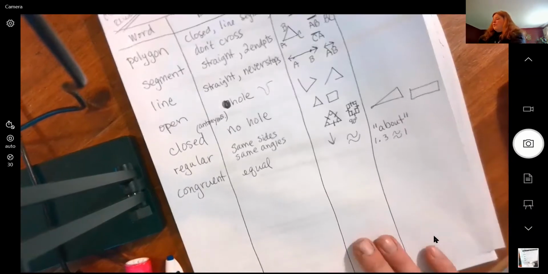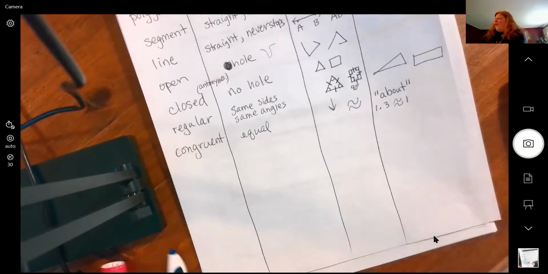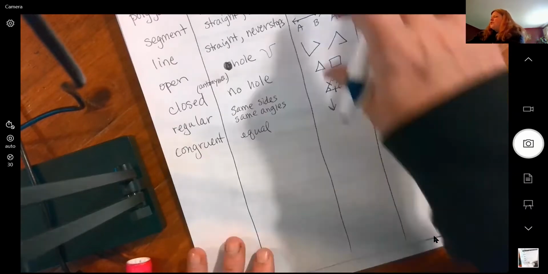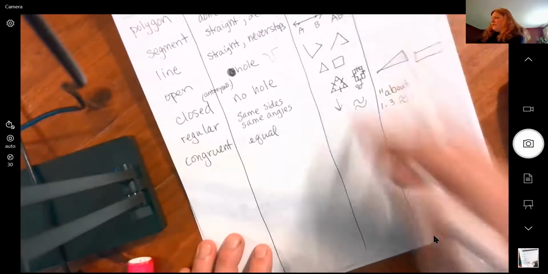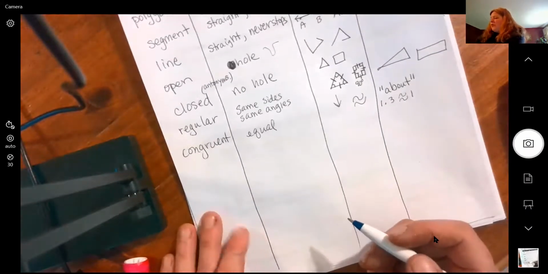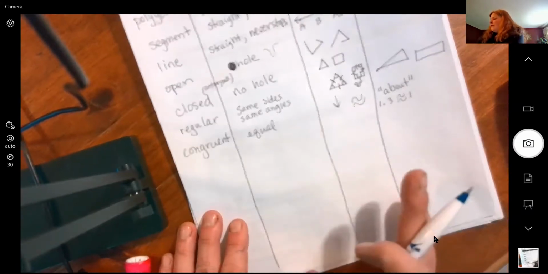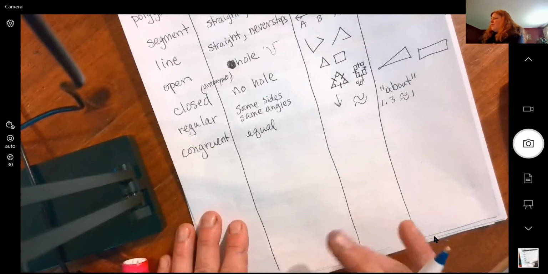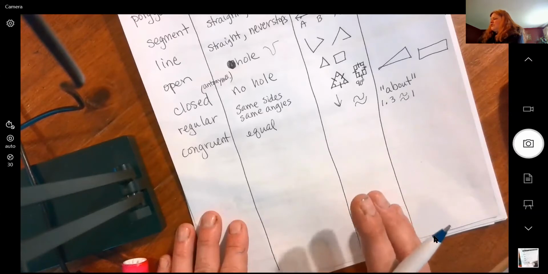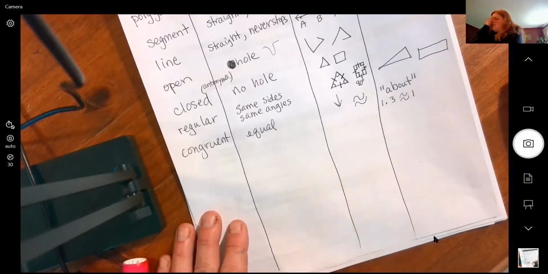So we had a few more words to add, and it was all the different names for the shapes. Most of this should be reviewed because I believe all the names are the same, or they introduced them in 4th grade. So remember, our standard today is classifying, naming, describing polygons, closed, straight shapes, and then also classifying, naming, describing triangles, and that's what we're going to work on in a minute.